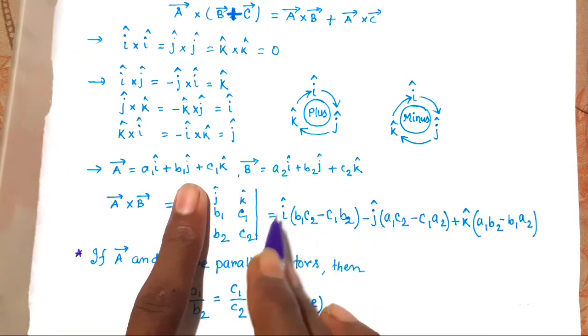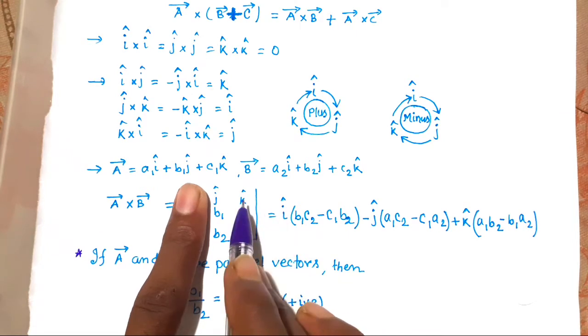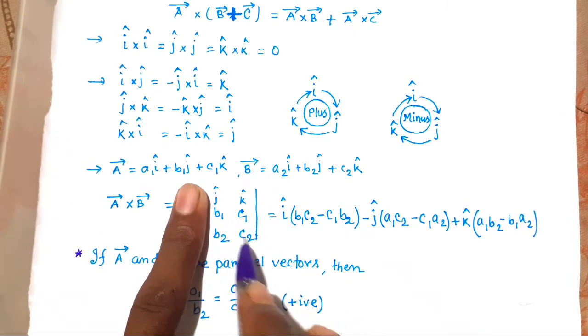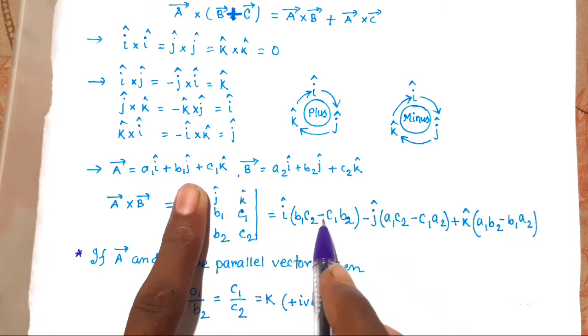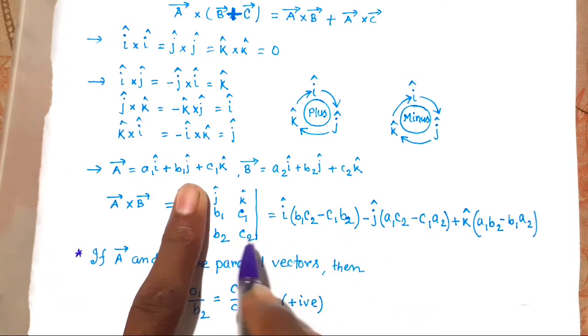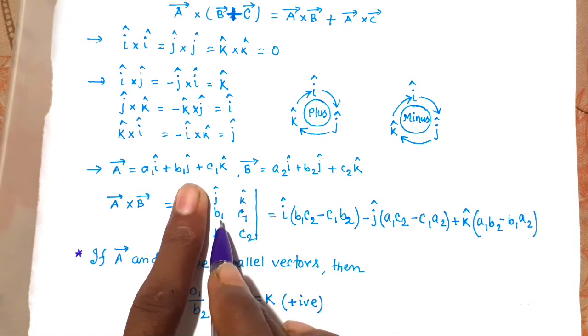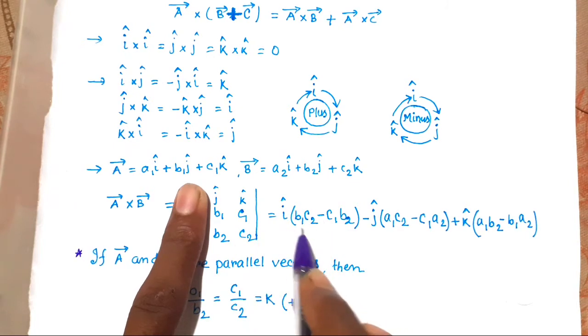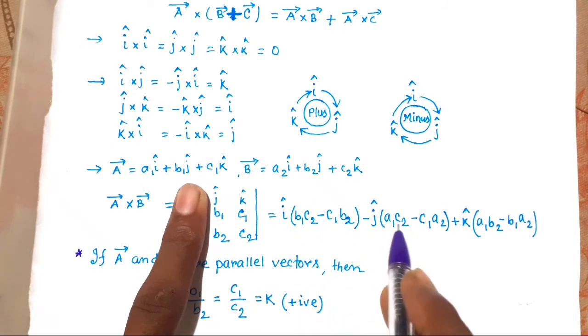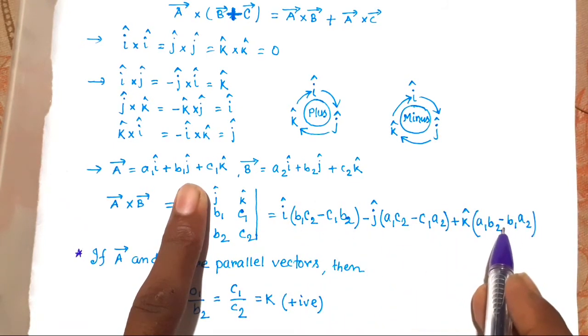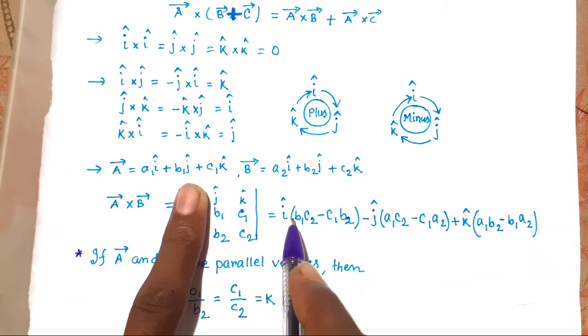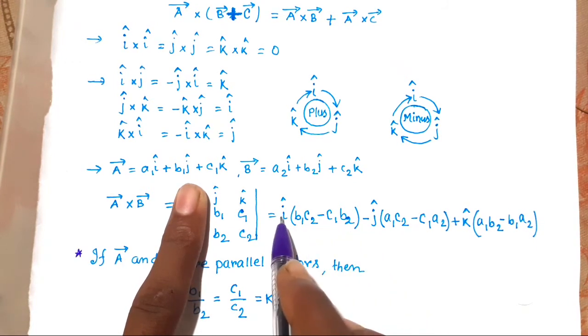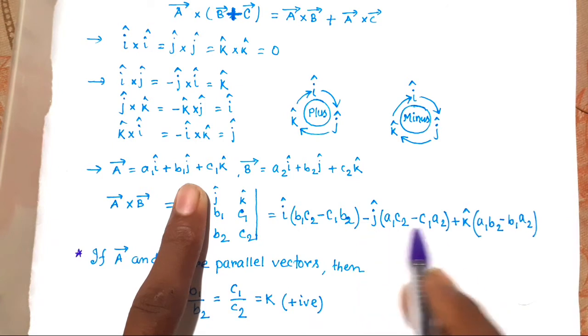Now within the bracket we will always multiply from left to right, that is b1 c2 minus c1 b2. Firstly left to right and then right to left, and within the bracket this will always be minus. The signs outside are changed: this is plus, this is minus, this is plus.